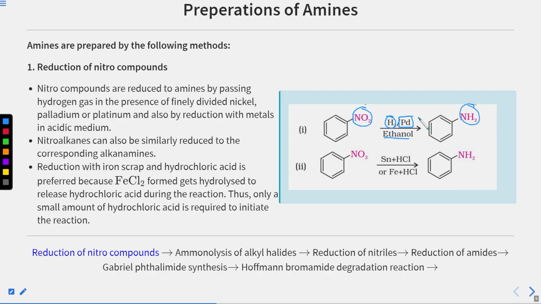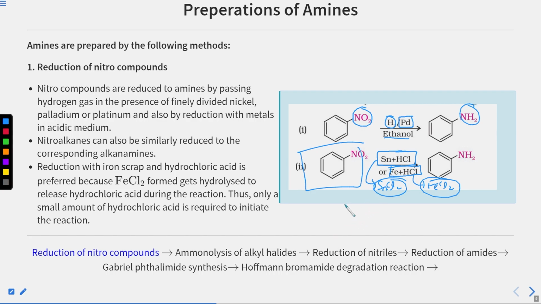Similarly, we can do the same thing with the help of a different reagent, that is Sn/HCl. Or you can use Fe plus HCl, that is iron in hydrochloric acid, or tin in hydrochloric acid. This will give you SnCl2, and it will further reduce this nitro group.